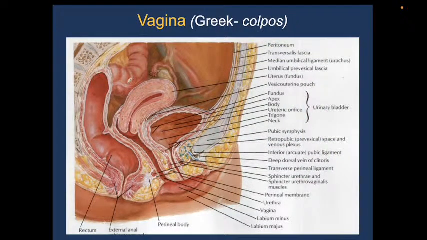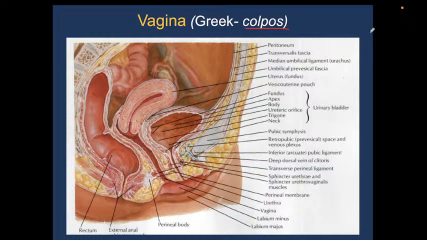And the last internal organ is called the vagina, Greek name is kolpos, located in the lower part of the female pelvis. That is, of course, like the uterus, a hollow organ, and the vagina connects the uterus with the external genitalia.